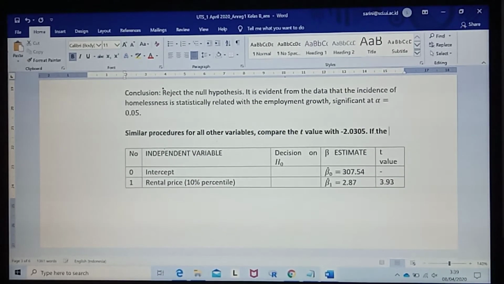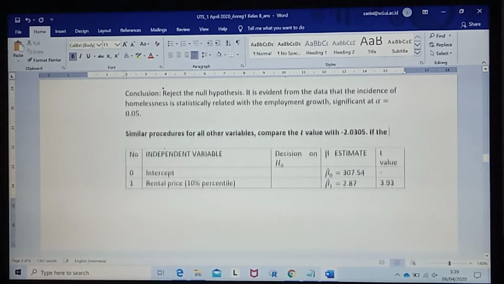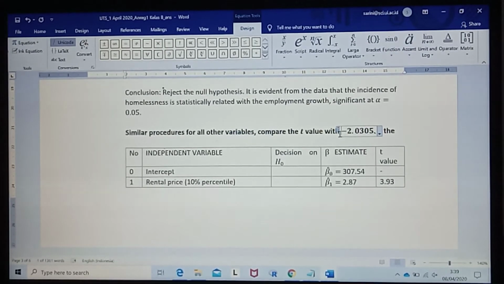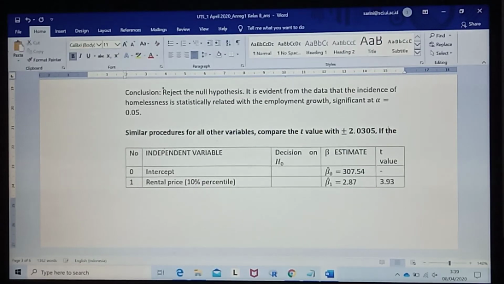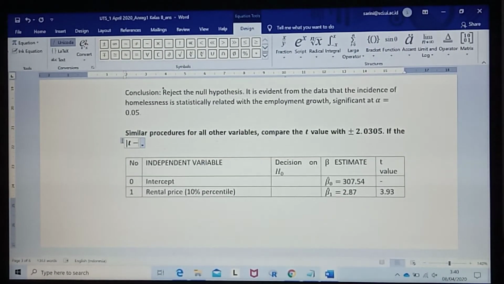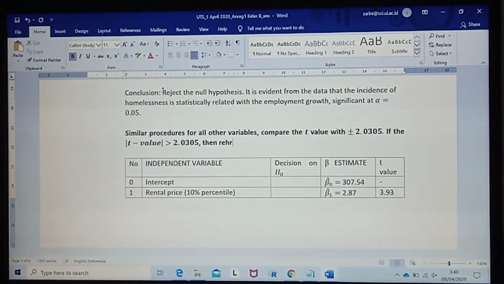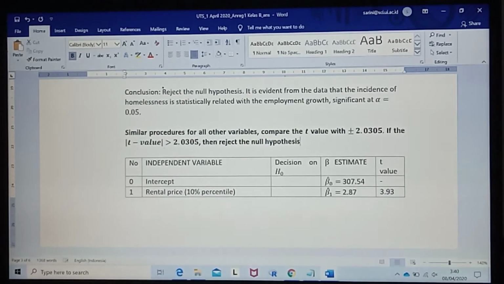If the t-value, of course we take the absolute value, in absolute value is greater than 2.0305, then reject the null hypothesis. That's all that we need to do.